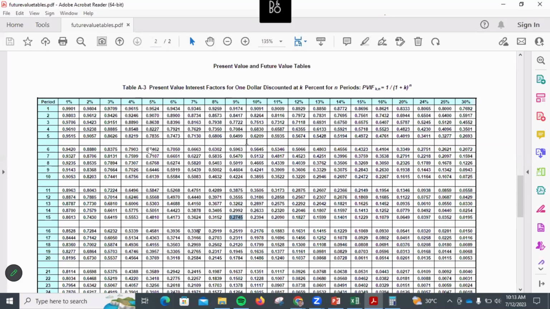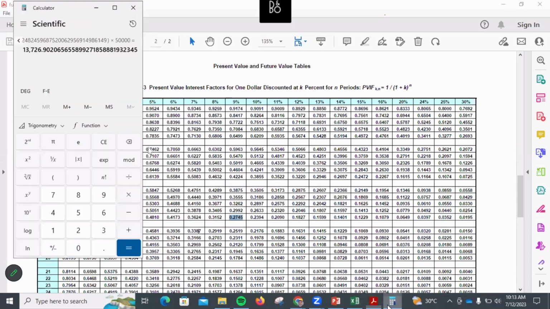Straight away you can find 10 multiplied by 50,000. Or you can apply the calculator value to get that. So to get the calculator value, you want to start with 1 plus 0.09. Then you want to get that power 15.